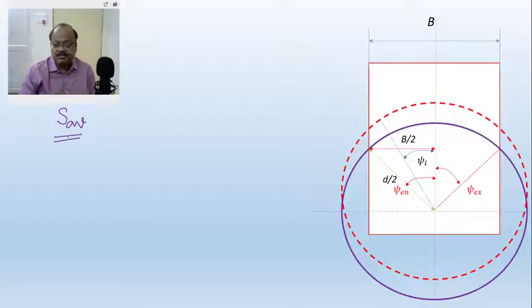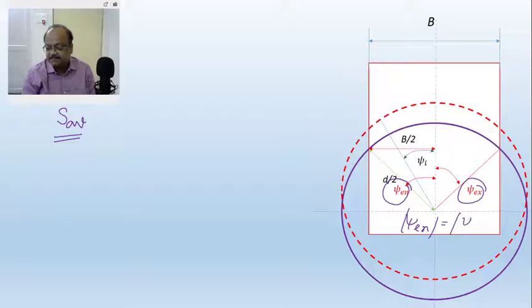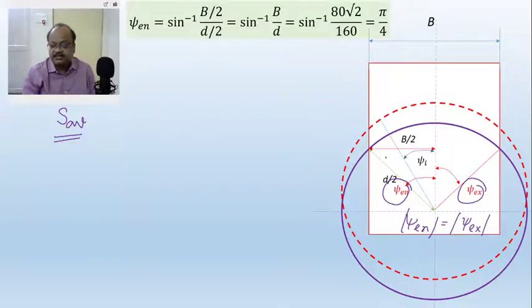So to do that, we have to first find out how much is the entry angle and how much is the exit angle. They are numerically the same because this is symmetrical milling. This is the formula: sine of the entry angle is the perpendicular, D by 2, divided by the hypotenuse.